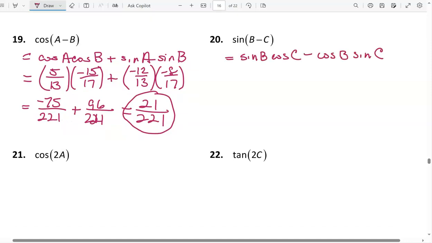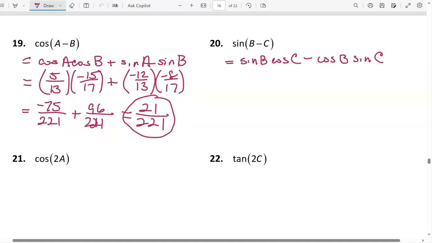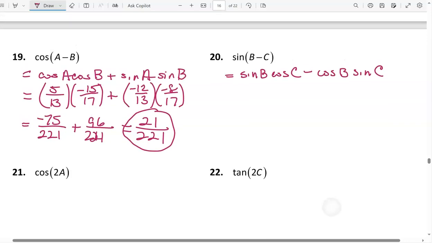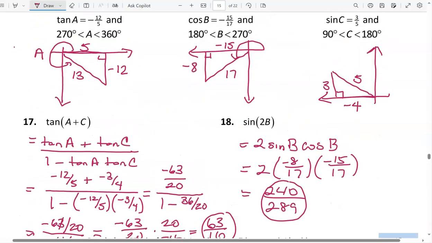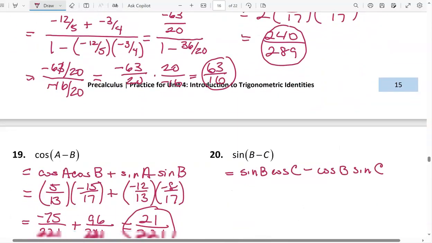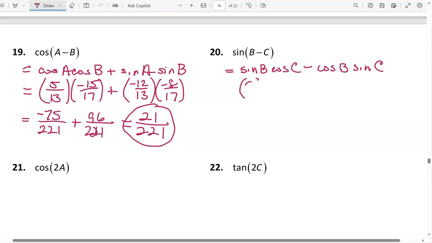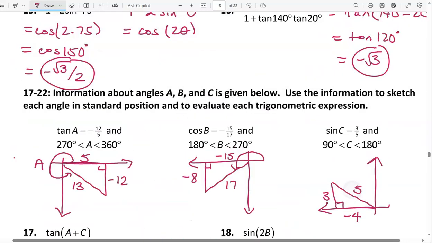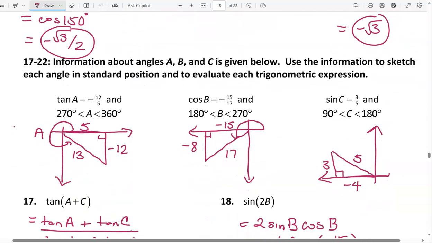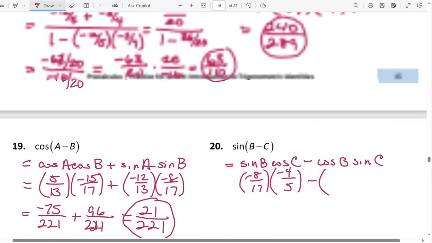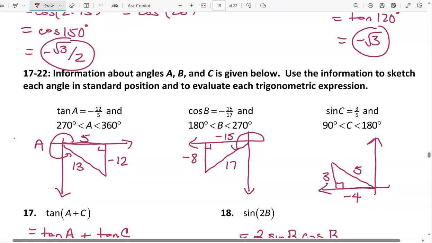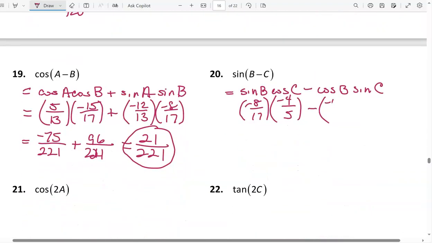In 20, we have the sine of B minus C, which is the sine of B times the cosine of C minus cosine of B times the sine of C. And I'm just going to grab those numbers. Sine of B is negative 8/17. And cosine of C is negative 4/5. Cosine of B is negative 15/17.